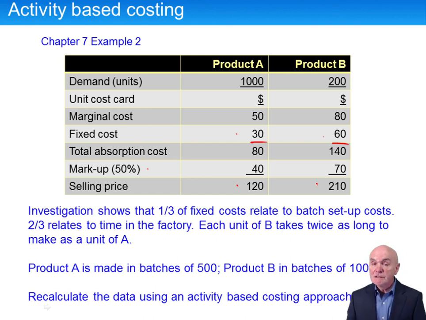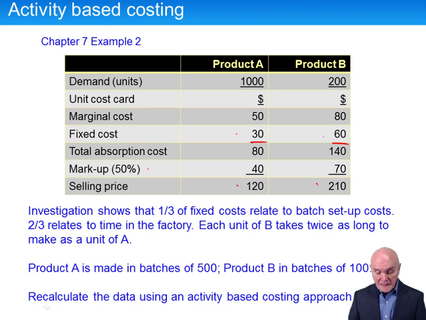So investigation shows that one third of the fixed costs relate to batch setup costs. So every time we stop the production line, rejig it, and set up the machines to produce another batch, we incur substantial costs. Two thirds relates to time spent in the factory. That's just the ordinary overhead type of absorption.